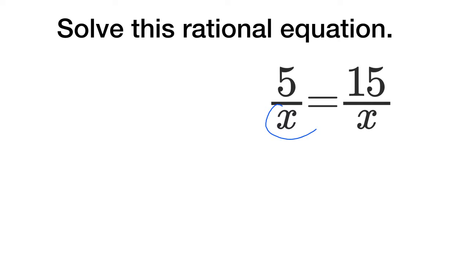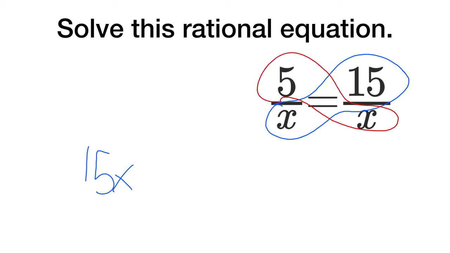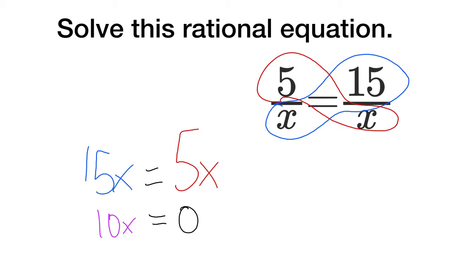Ooh, this one looks odd. So let's see. That means that 15x is going to equal 5x. If I subtract 5x from both sides, I end up getting 10x is going to equal 0, at which point x equals 0.